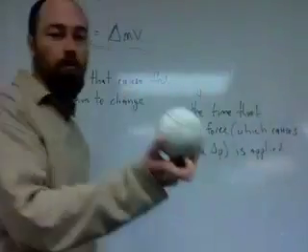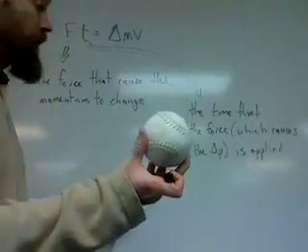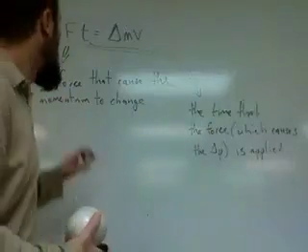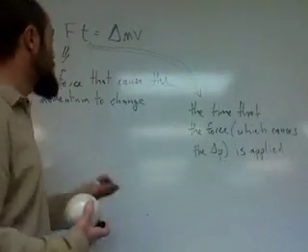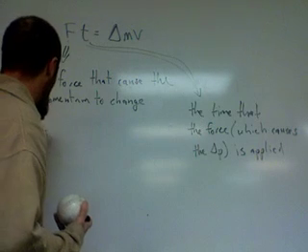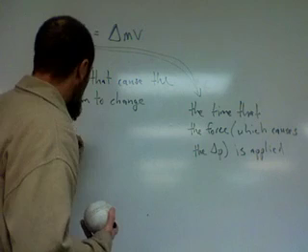Again, if we're talking about hitting this with a bat, it would be the time that the bat is touching the ball. So force times time equals change of momentum. Now, force times time has a special name. This is called impulse.